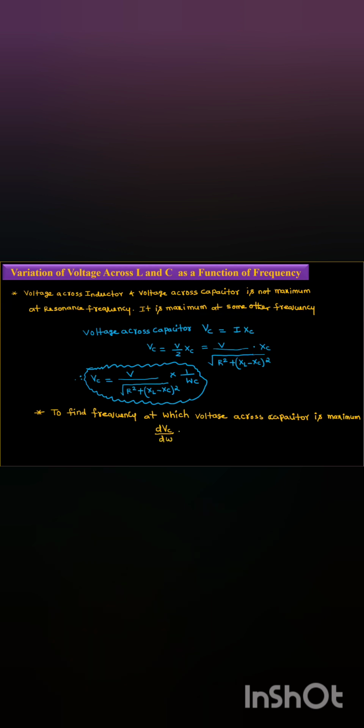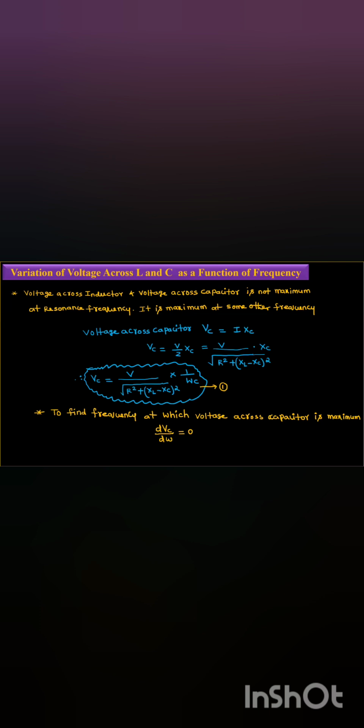To find the condition for maxima, differentiate the voltage across the capacitor with respect to omega and equate to 0.